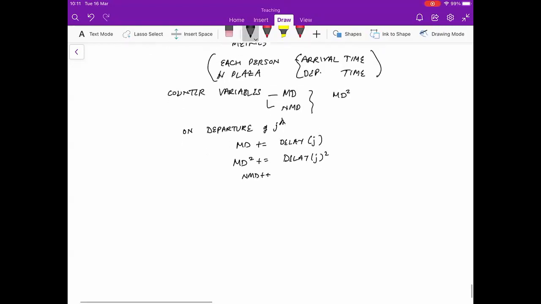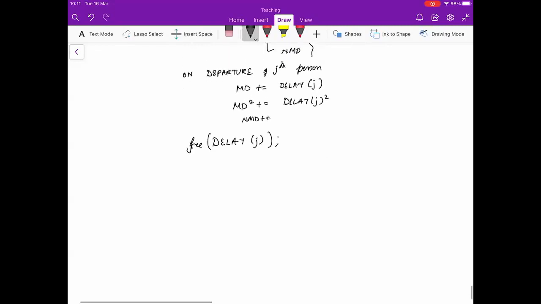So this is what you're going to do on the jth person, and then we'll reset delay J to 0 because we can make it available for somebody else to use later on. The jth customer has departed, so you can free the delay J entry of your array or whatever it is you're doing. So this would be like the pseudocode you would use to keep track of things.